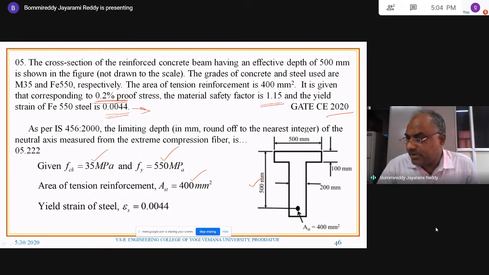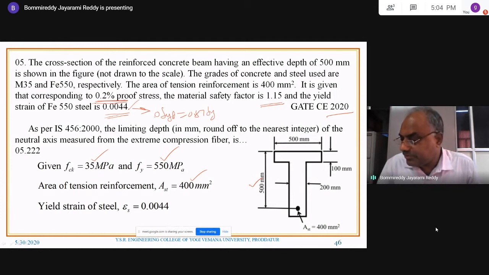This is the strain corresponding to FYD, the yield stress, that is 0.87 times Fy. So this value is also there in the table already. While discussing singly reinforced beams, this strain table was also given. It's not of that much use now.